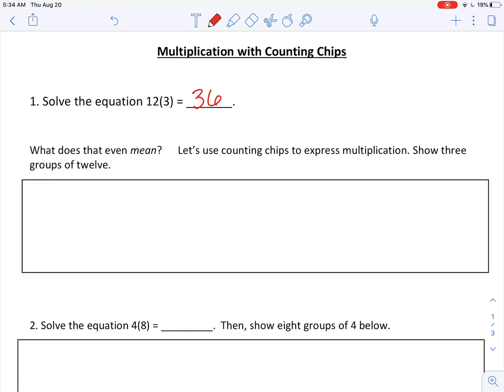Well, if I want 12 times 3, I can think of that as 3 groups of 12. 3, 4, 5, 6, 7, 8, 9, 10, 11, 12. 2, 3, 4.